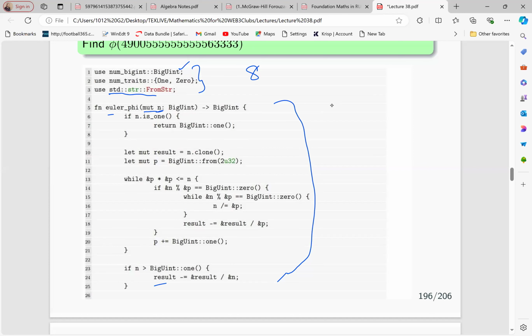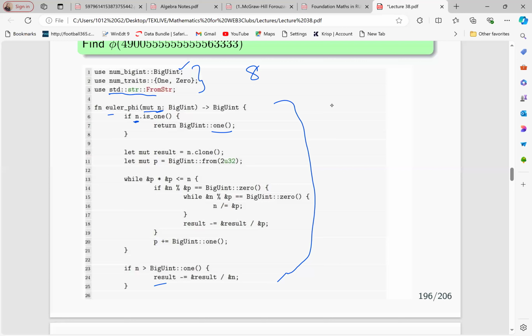Then it says, if this n is 1, then it should return this result as 1. So what that means is that if n is 1, then the Euler phi will be 1. That's what this part is saying.